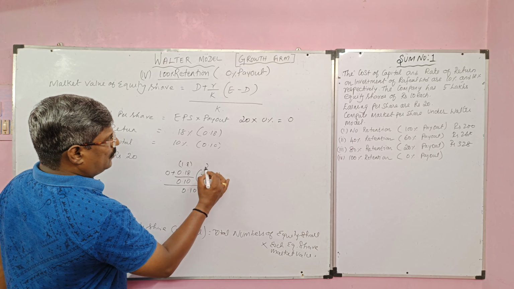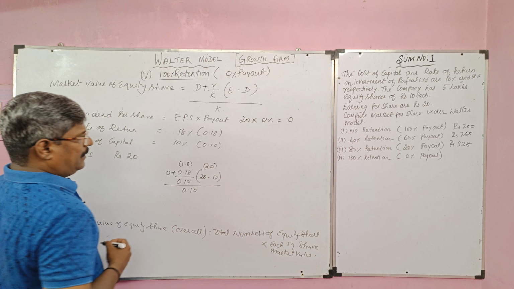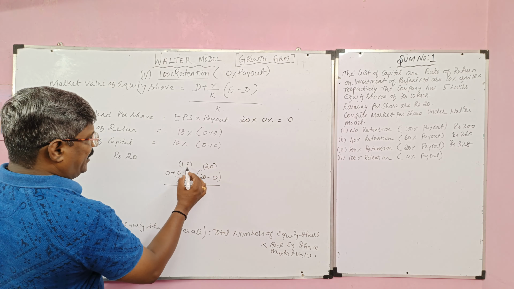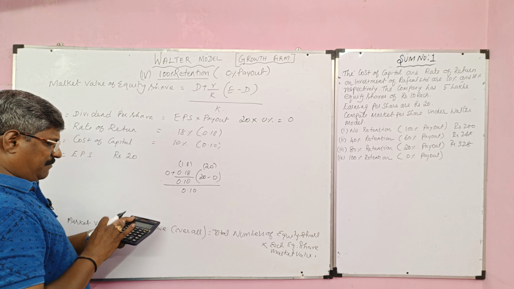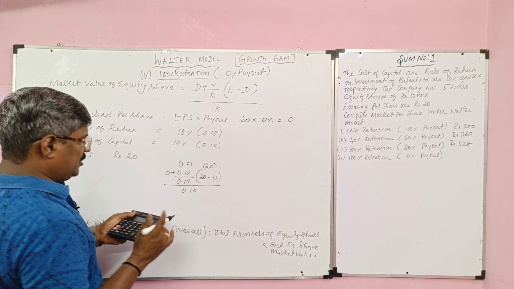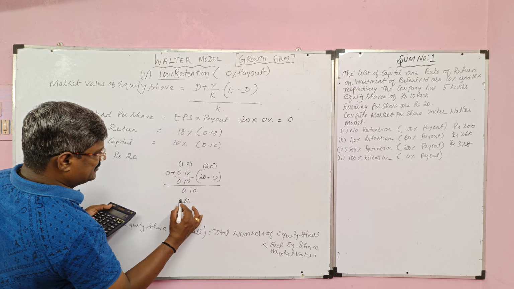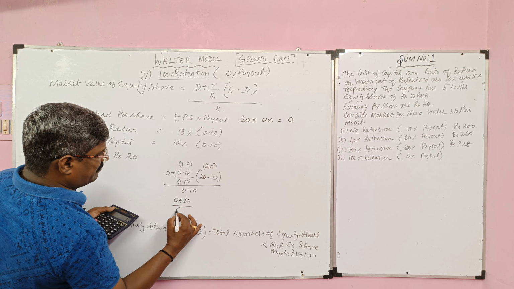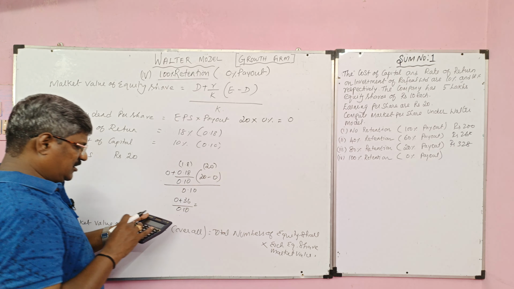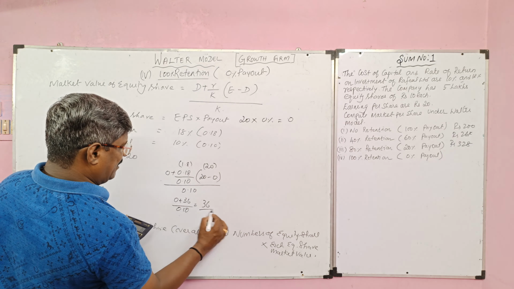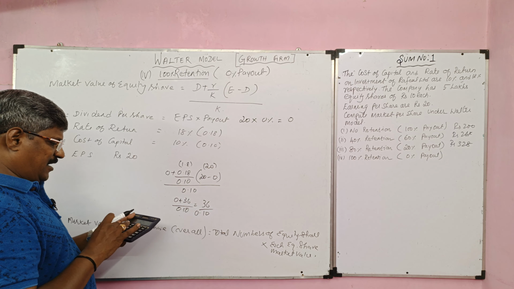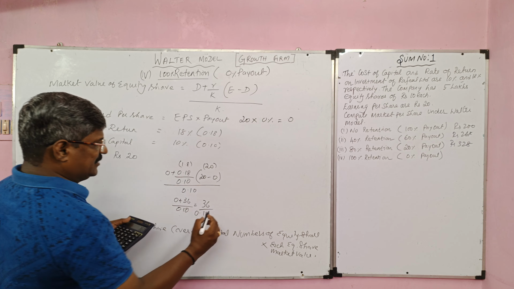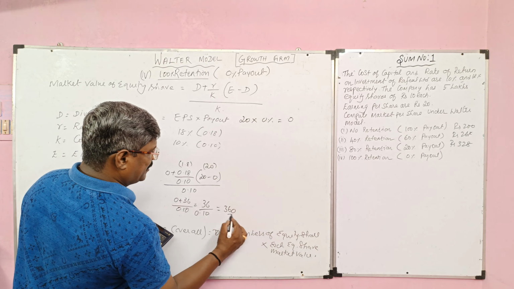20 minus 0, 20. First we have to multiply 20 with 1.8. So 20 multiplied by 1.8 is 36, plus D value 0, divided by 0.10. So 36 divided by 0.10 will get 360 per share.